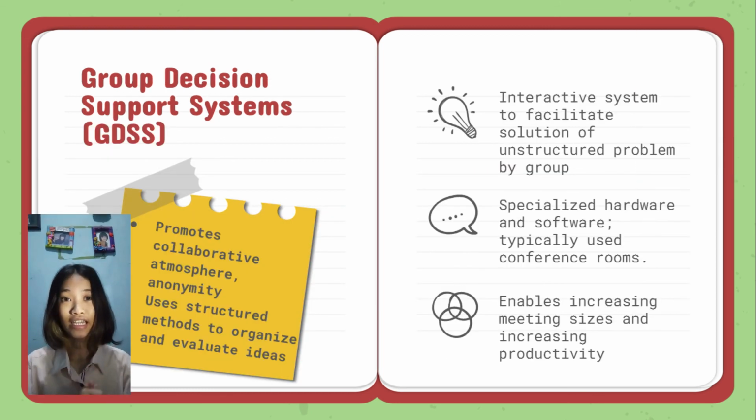As you can see here, the Group Decision Support System, or GDSS, has several aspects. The first is that it promotes a collaborative atmosphere and anonymity, uses structured methods to organize and evaluate ideas, and is an interactive system to facilitate solution of unstructured problems by groups, and so on.